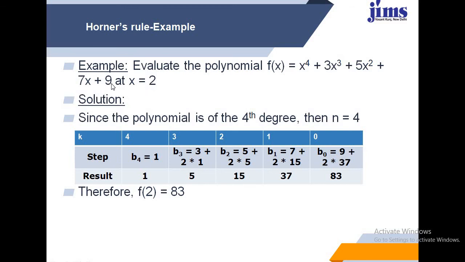In this example your A0 is 9 plus, we need the value at 2, 2 multiply previous B value 37, so multiply this 37 into 2 plus 9, your answer is 83.